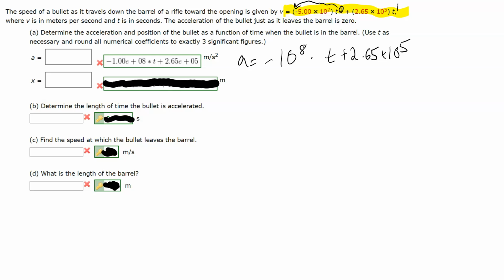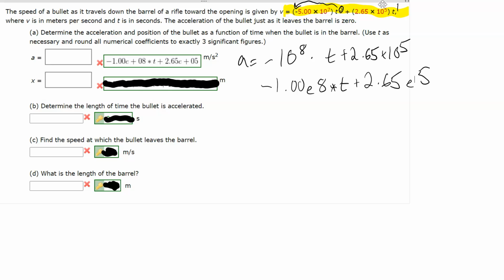So what I would enter into the box would be negative 1.00 e 8, times t plus 2.65 e 5. And that would be my answer for this problem.